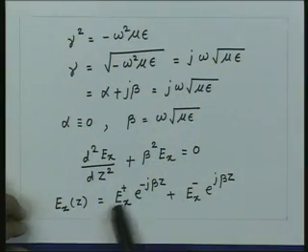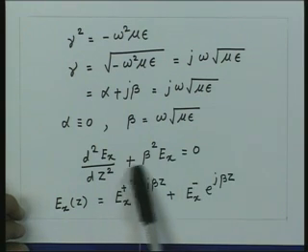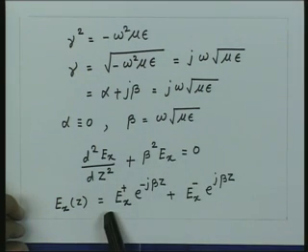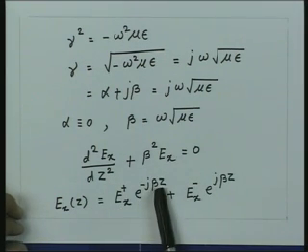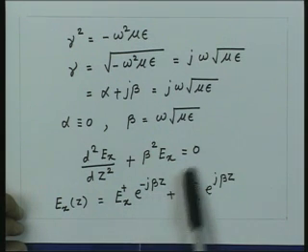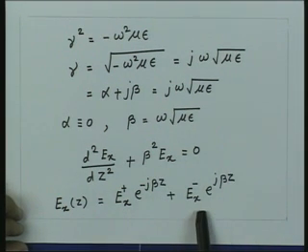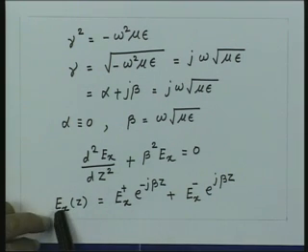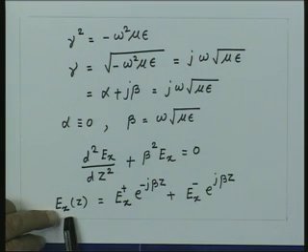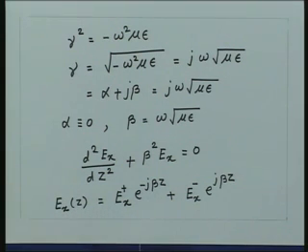We know from our earlier knowledge that this first term represents a travelling wave travelling in the positive z direction, and this term represents a travelling wave travelling in the negative z direction. So again, the solution for the electric field is a combination of two travelling waves of amplitude Ex plus and Ex minus, travelling in opposite directions, that is in the positive z and negative z directions.